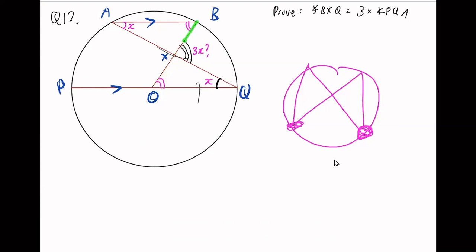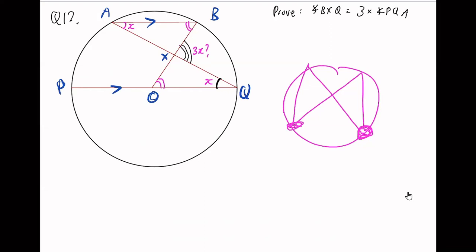Angle at the center equals to what? Two times the angle at circumference. So this angle is at circumference. Do you remember where that was? Was it this guy? Yes, correct.